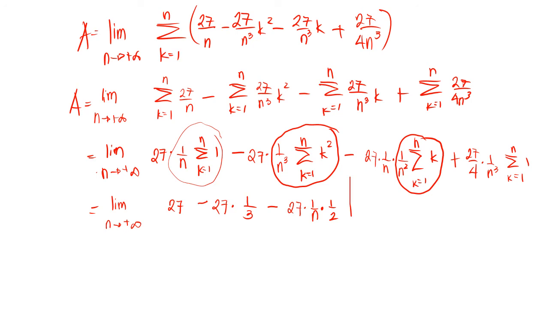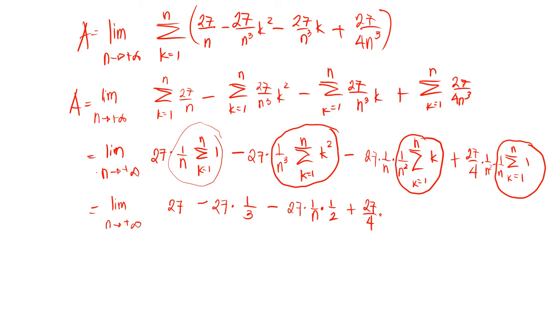Okay? Plus 27 all over 4 times, ito din, pwede rin natin gawin tong factor out natin. Kasi dun sa formula natin, kailangan 1 all over n lang siya. So, yung 1 all over n cubed, pwede natin express as 1 all over n squared times 1 all over n para itong 1 all over n summation ng 1 from k equals 1 to n ay magiging 1.